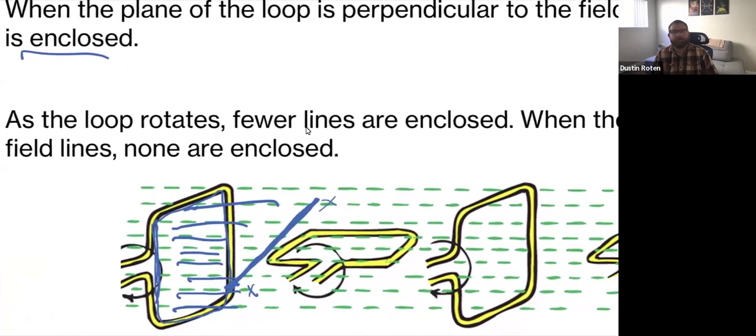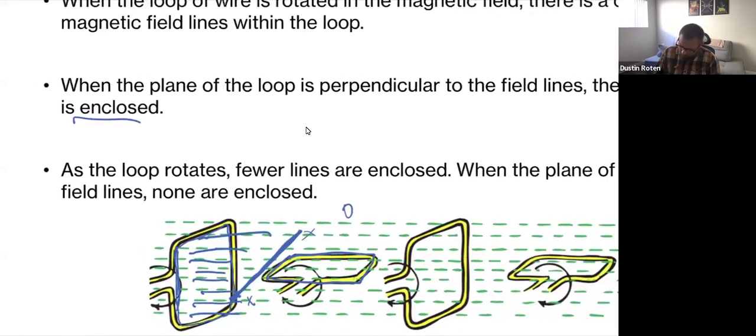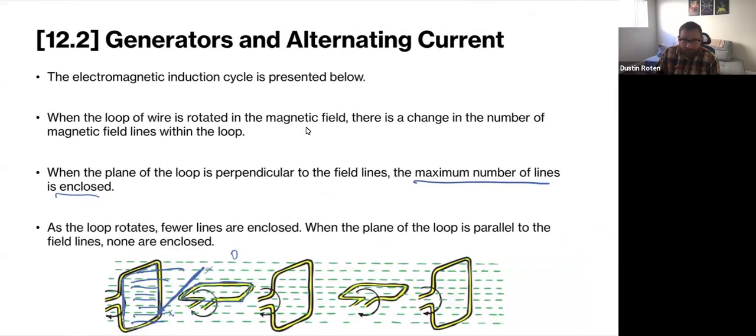So that's going to start reducing the number of field lines as it rotates. When it gets to flat, when the plane of the coil is parallel to the magnetic field, there's 0 field lines in there. None of those lines are going through that coil at all. So we get 0 field lines.